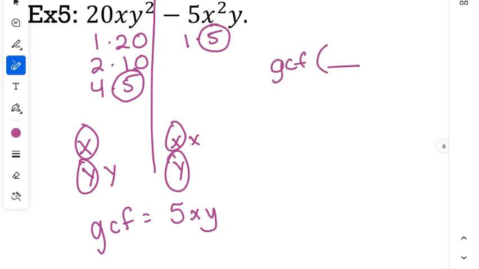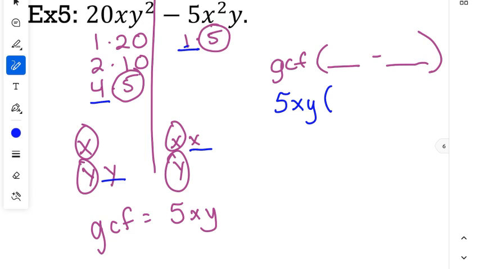So then we'll write it with our GCF out front. And then a blank minus blank. So 5xy. And then what do we have?